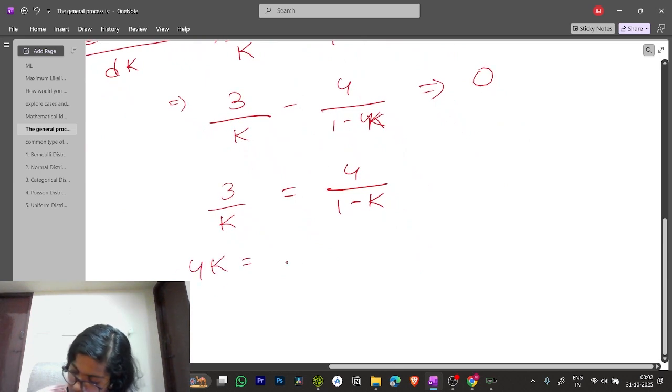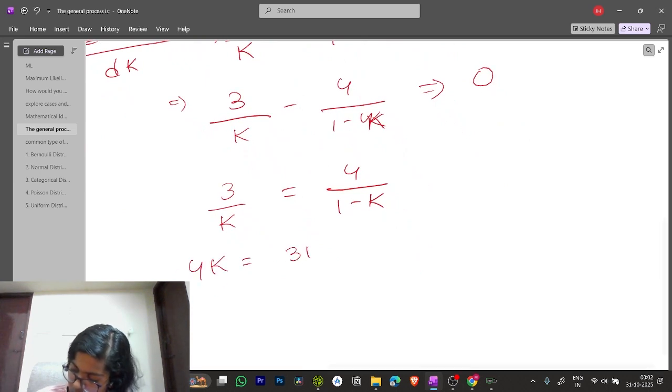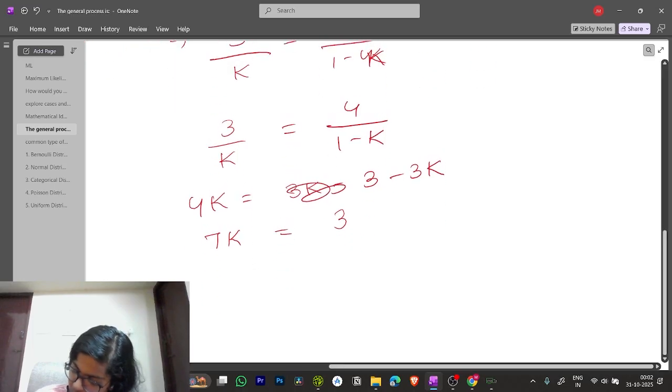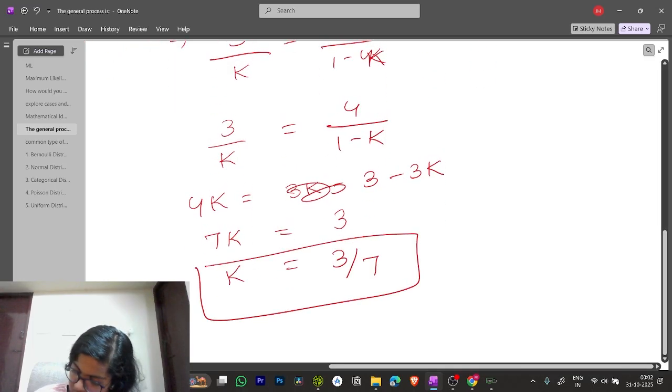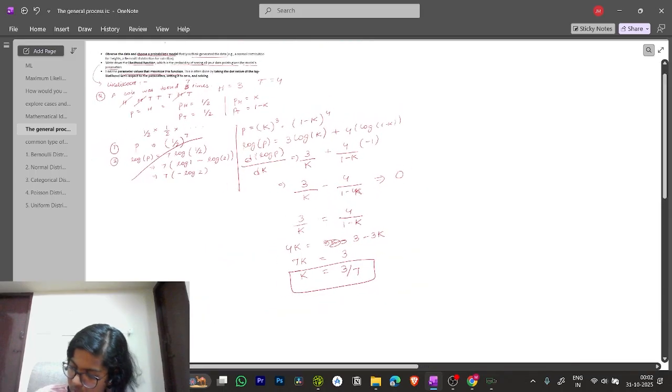4k is equal to 3 minus 3k, and 7k is equal to 3, and k is equal to 3 divided by 7, right?